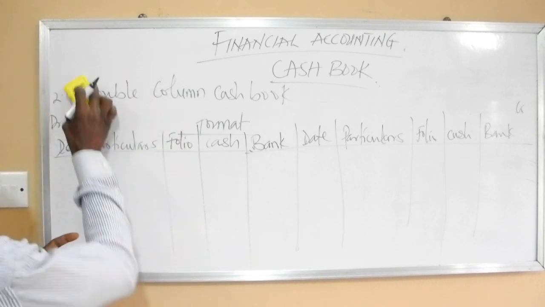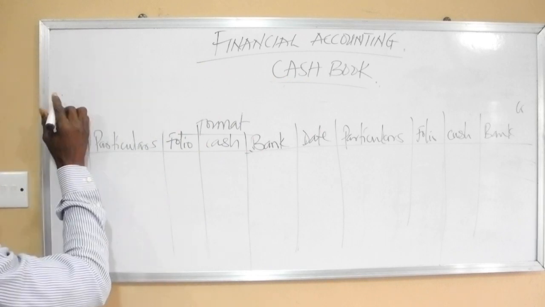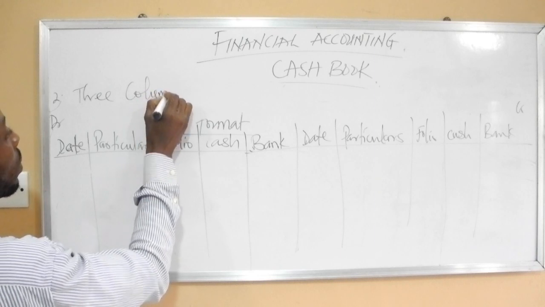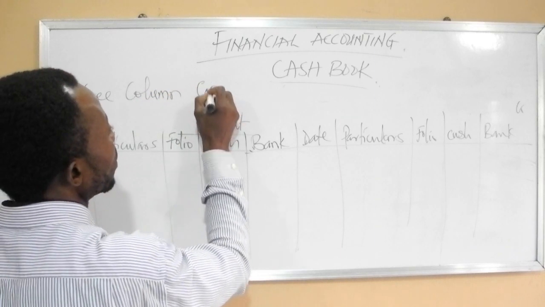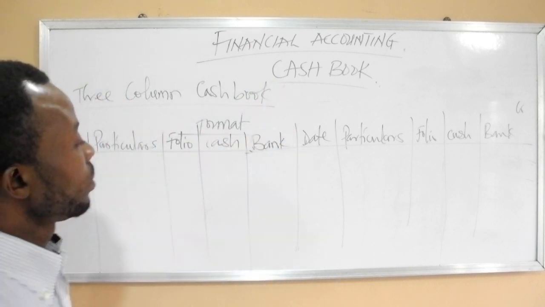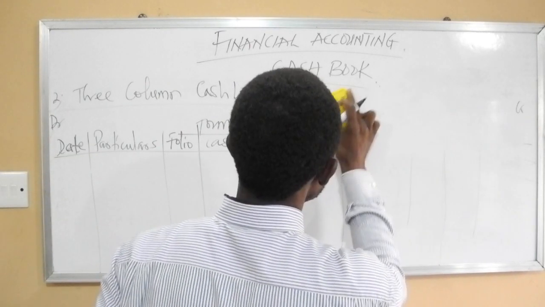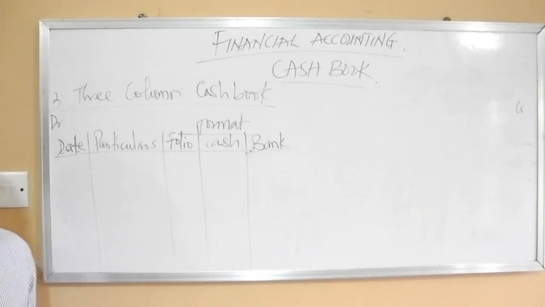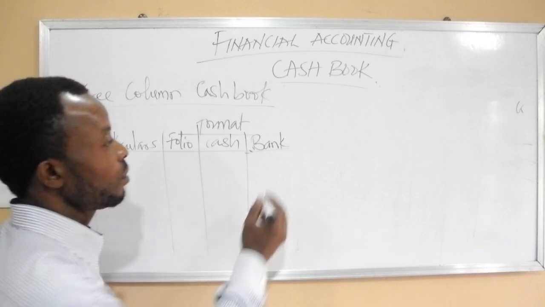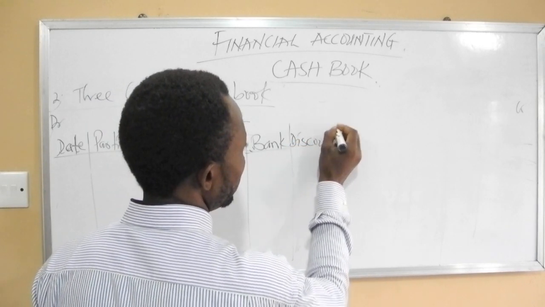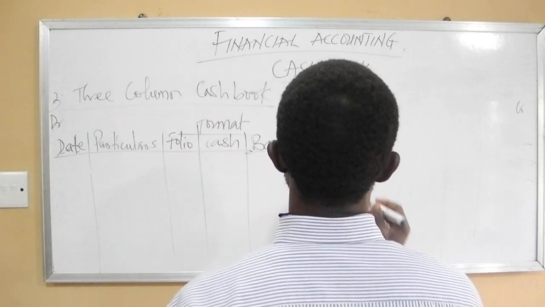Okay, now, if it is 3 column cash book, all right. Okay, let me adjust it from here. 3 column cash book. Now, don't forget that we said in 3 column cash book, it will have a column for cash, bank, and discount. So I'm going to have another column here for discount. So this is on my debit side.